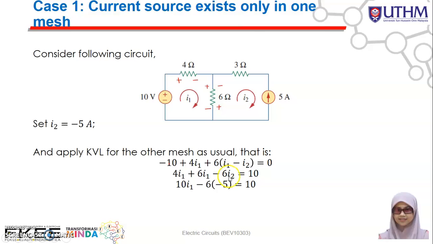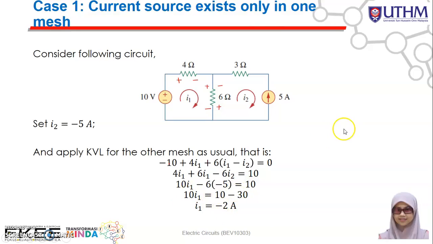Now I2 is equal to -5, so you can straight away substitute the value of I2. So -6 multiplied with -5 is equal to 30. You bring 30 to this side, you get 10 minus 30. So finally, I1 will be equal to -20 over 10, which is -2 ampere.